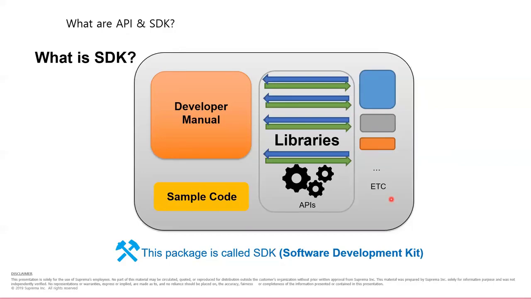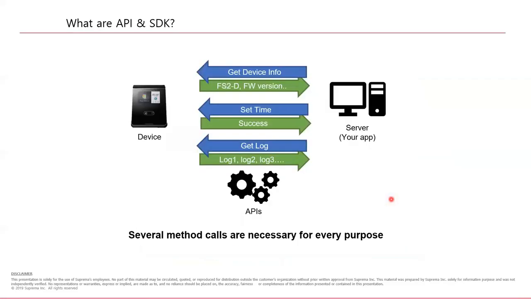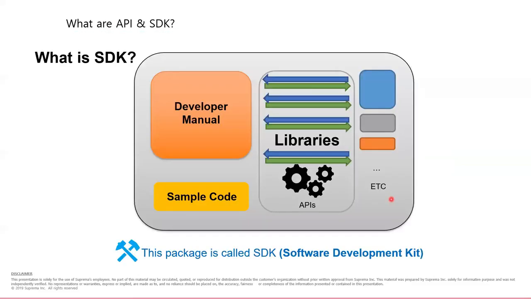And the SDK is like a set of APIs together, not only the set of instructions and libraries, but also sample codes, developer manuals, and some other things that together make the complete pack, okay? So one thing to have in mind is that when Suprema speaks about API, it is something less complex than when we speak about SDK.